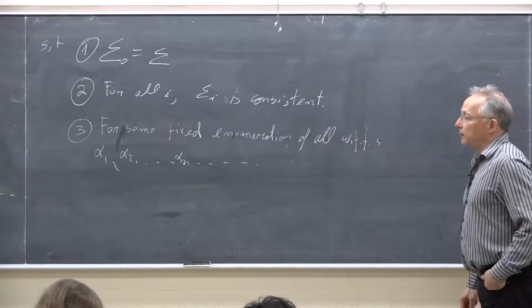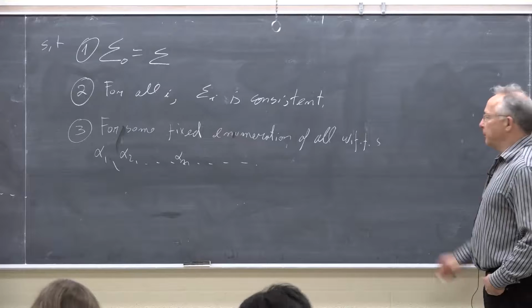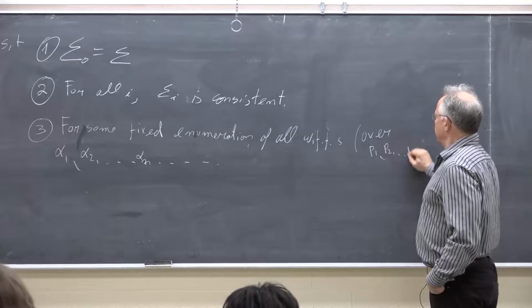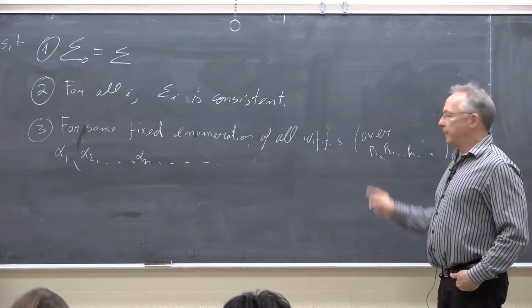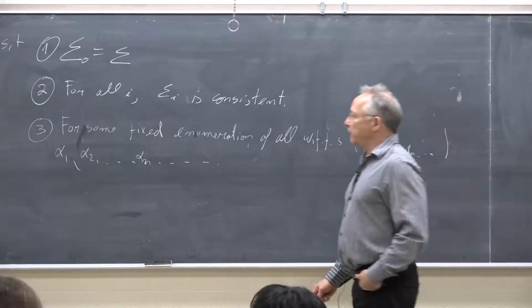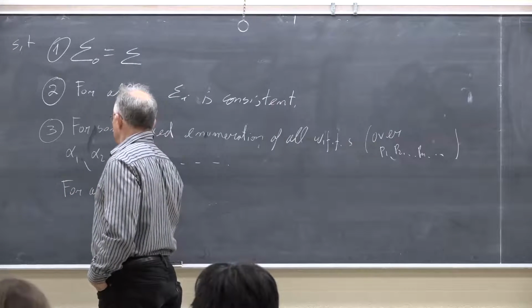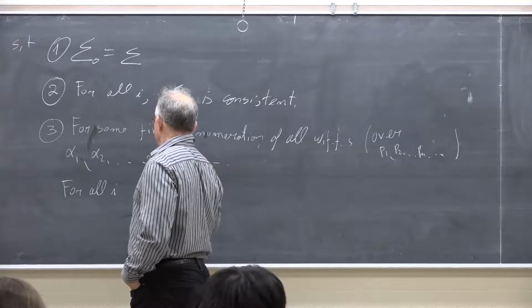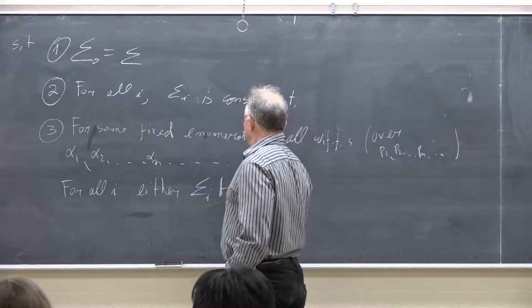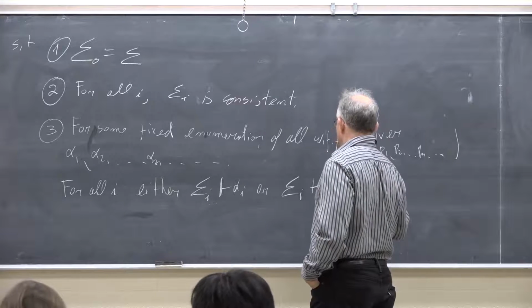And in order to get such an enumeration, I have to restrict my set of variables, say over the variables p1, p2, pn, and so on. So I have only countably many variables. Then I can list the set of all WFFs. And for such an enumeration, what I want is that for all I, either sigma I proves alpha I, or sigma I proves the negation of alpha I.